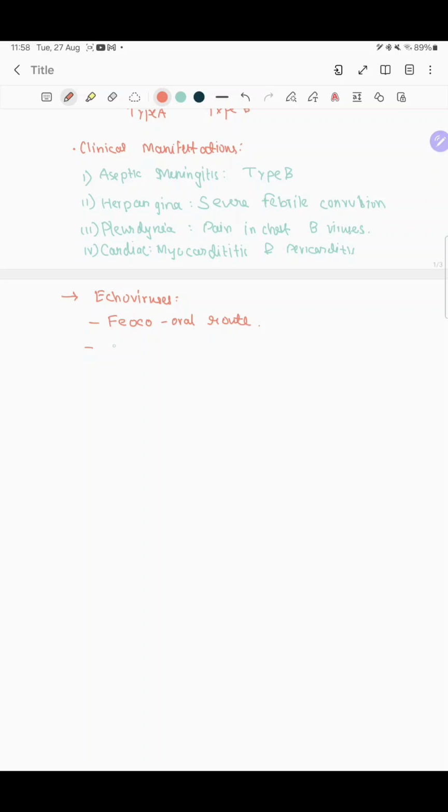There are 33 serotypes, from 1 to 33. They are mainly associated with aseptic meningitis. It could be encephalitis, or it could even be rashes.